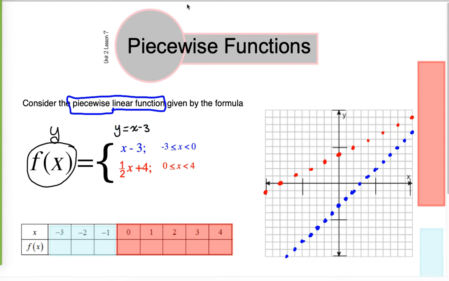I already have the y written. Now, these outputs equal certain answers depending on their inputs, and these are my inputs over here. So with my blue function, I only want to input from -3 to 0.